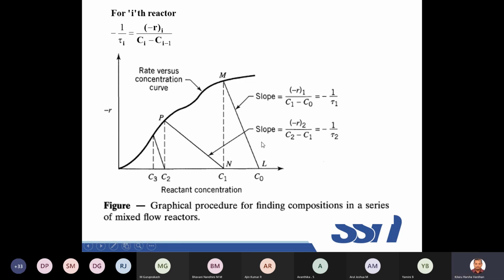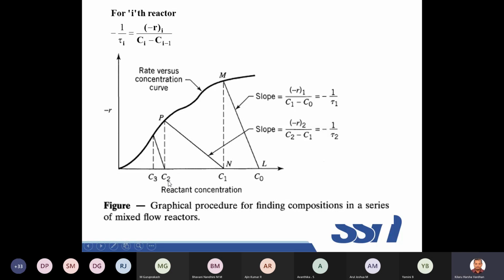With a slope of minus 1 by tau 2, you can see here the slope is not the same, because if it is equal size reactors, the slope may be the same. But these are unequal size reactors, one small reactor, one big reactor. So you get a different slope. With this slope of minus 1 by tau 2, from C1 you extend it to cut the rate curve at a point. Again you project it down, that vertical line, that is nothing but C2.